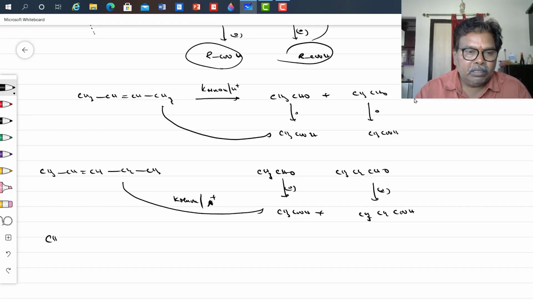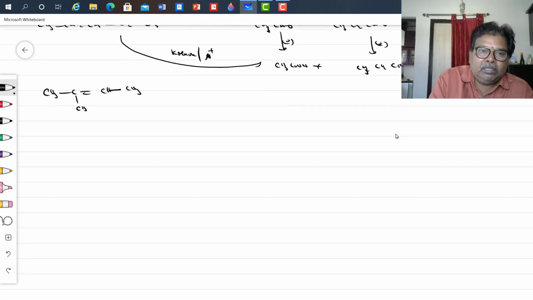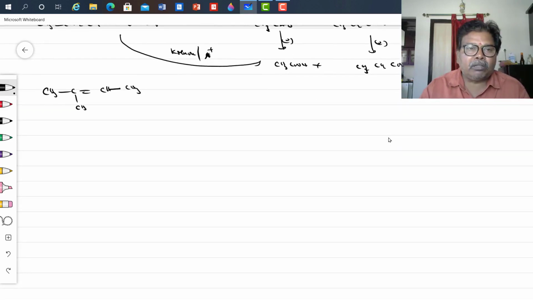For example, (CH3)2C=CHCH3. Now, how to write the products? What is the ozonolysis product of this compound first? CH3COCH3 plus CH3CHO. These are the ozonolysis products. Now, see carefully. The ketone does not undergo oxidation.